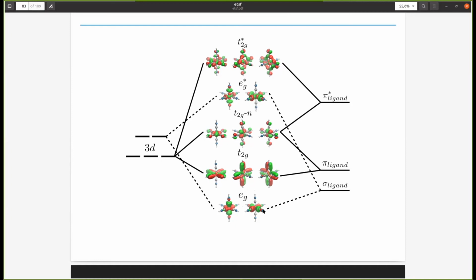So when you apply V, this repulsion that is felt by the EG orbitals is somehow counterbalanced. So the EG states are less pushed up in energy.